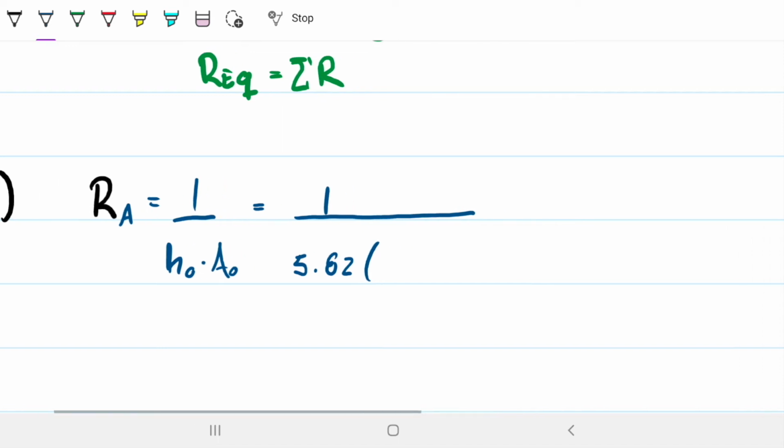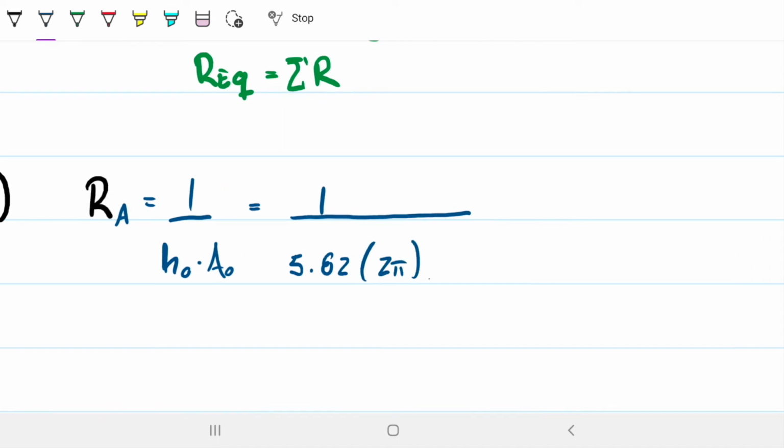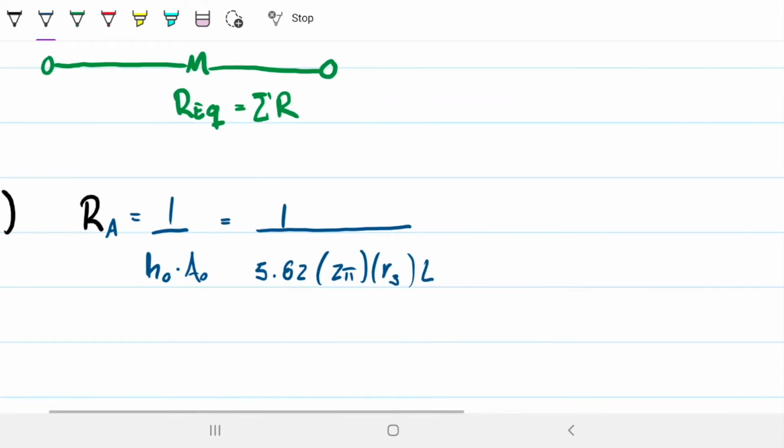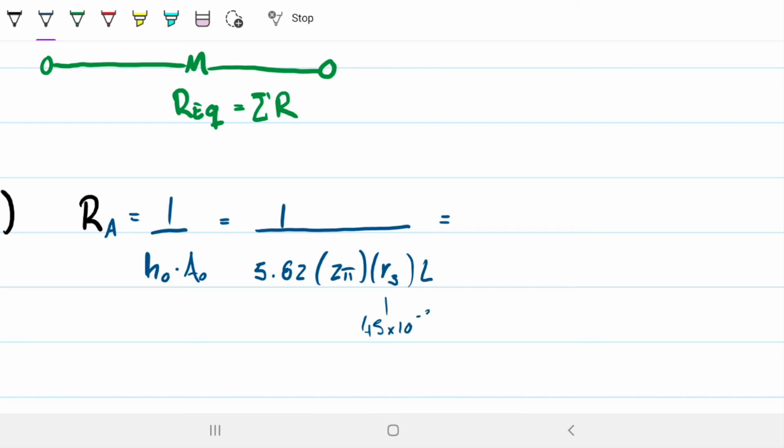And then the outside area here is going to be 2 pi R3, in this case R3, and then times L, L being the length of this pipe. R3 we know to be 45 mils, so we just need to multiply by 10 to the minus 3 so that we can have this in meters, right?